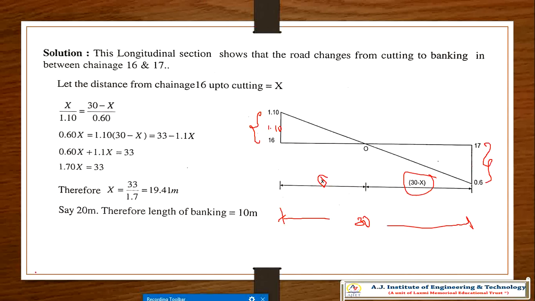If x is 1.10, then 30 by x is equal to 0.60, correct? I already told this problem. So you will get x as about 20, that is, you are getting 20 for cutting and 10 for banking.